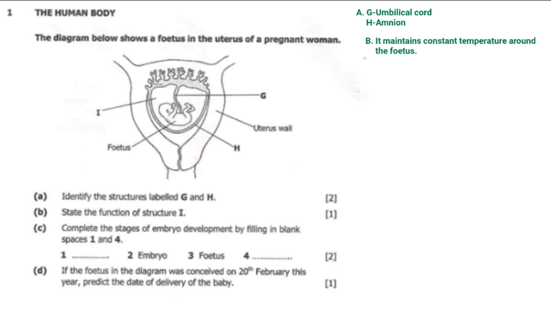Okay, the other function is it protects the fetus from mechanical shock. Let's say the mother gets involved in a fight with anyone. It can be a fellow lady, or the father tends to be violent. Then when the father intentionally or accidentally punches the woman in the stomach or in the womb where the child is, the impact of the punch will be absorbed by the amniotic fluid.